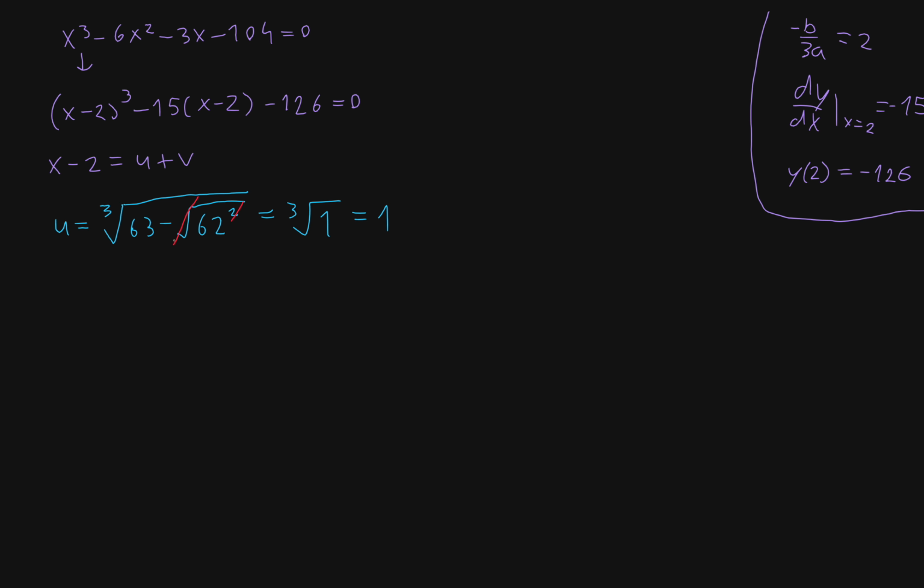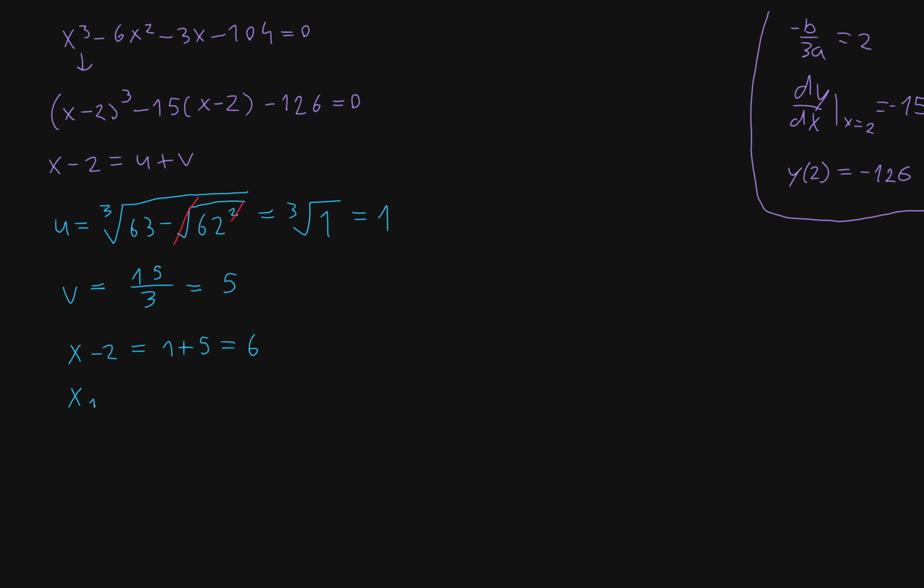Okay, and then I'm going to find v using the fact that it's negative p over 3u. So that's just going to be 15 over 3 times 1, or 15 over 3, which is just 5. So then we get x minus 2 is equal to 1 plus 5, which equals 6.